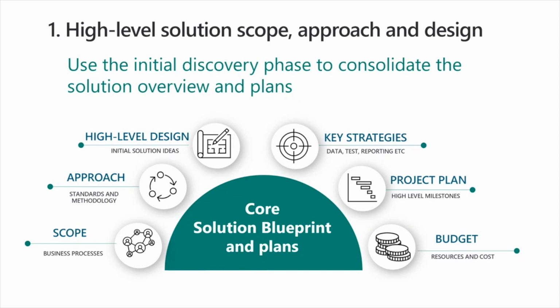As part of creating the initial core solution blueprint, the expectation here is before you start your sprints, make sure you've got a scope that is well defined in terms of business processes. This is a key part of this approach, that you have the visual view of your business processes end to end, down to maybe a level 2 or level 3 at least, before you get started on your sprint.